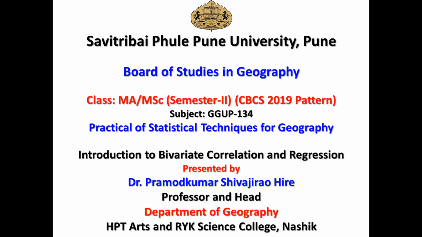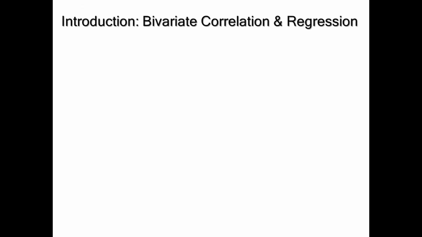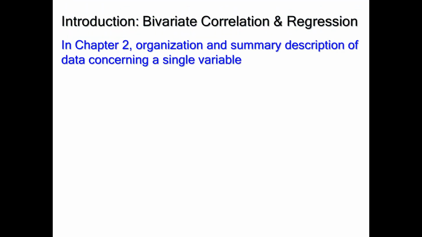Today, I'm going to introduce you to bivariate correlation and regression. In chapter number 2, we discussed the organization and summary description of data concerning a single variable.